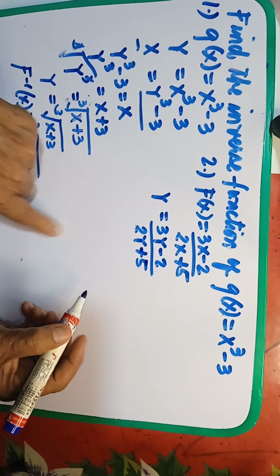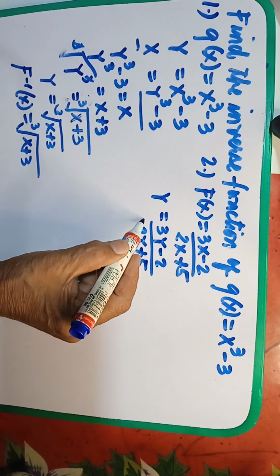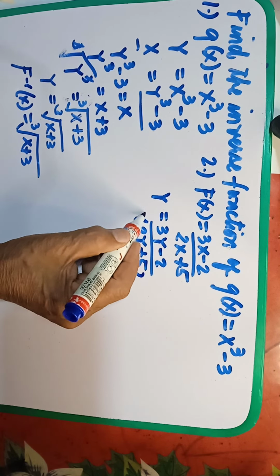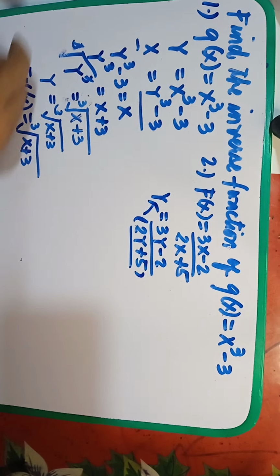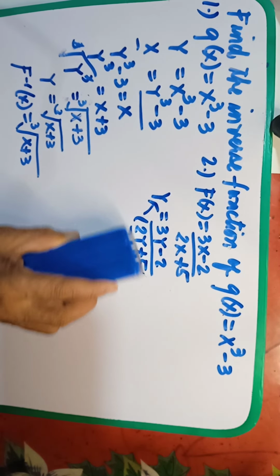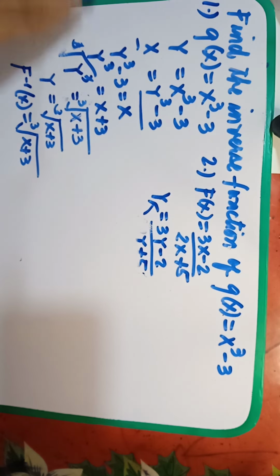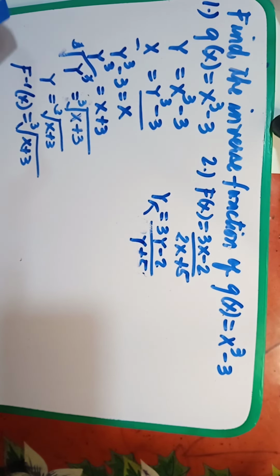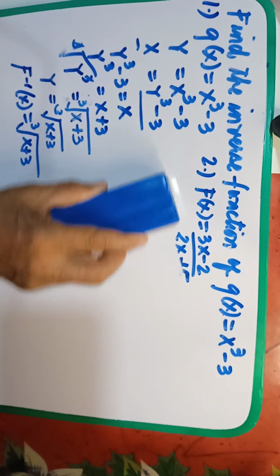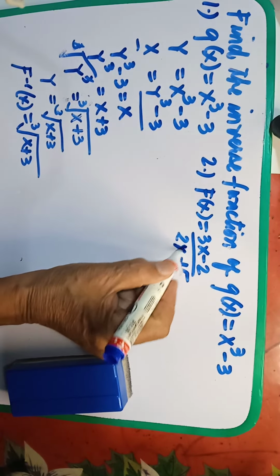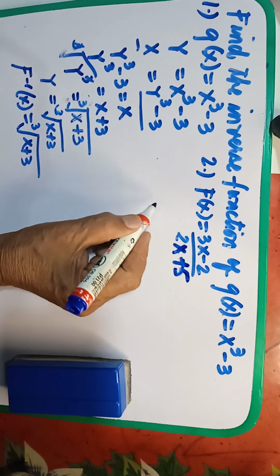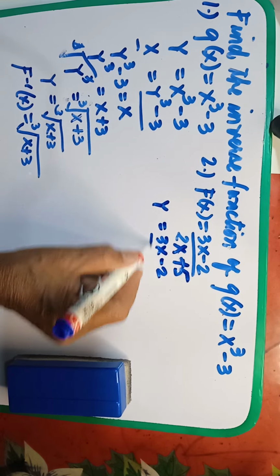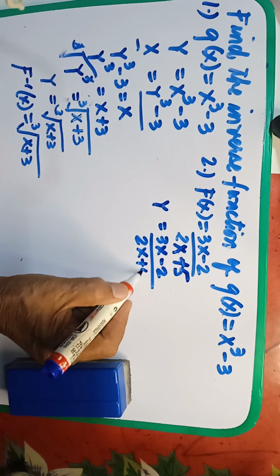I'm sorry, not yet. We change first y equals 3x minus 2 over 2x plus 5.